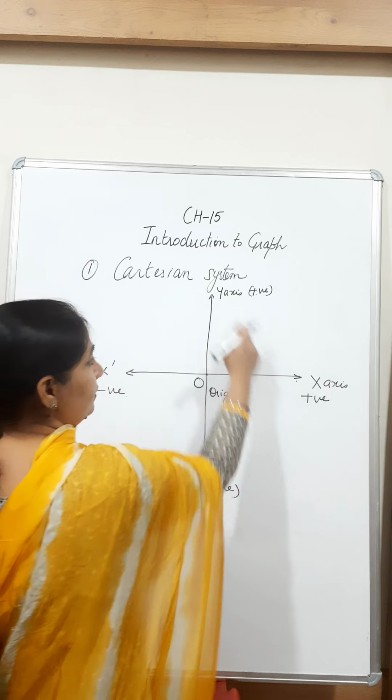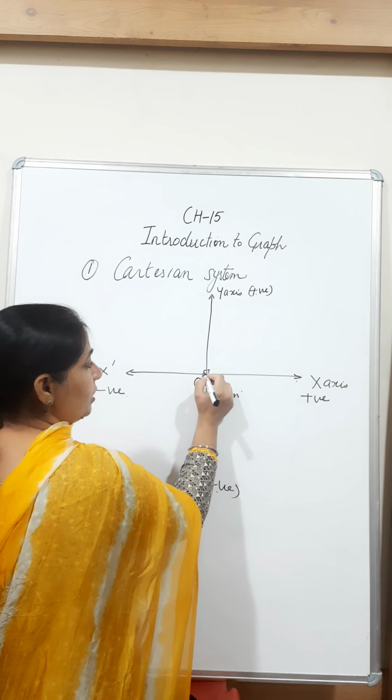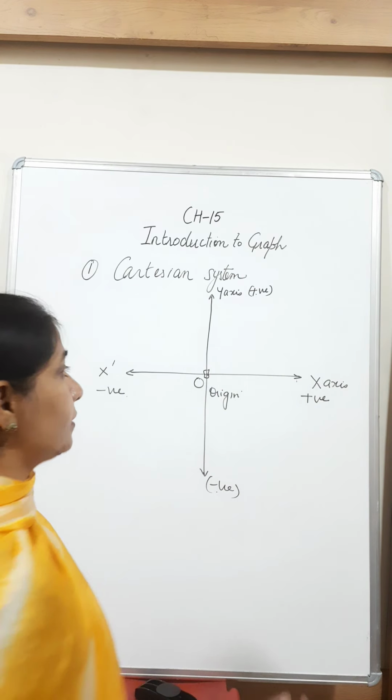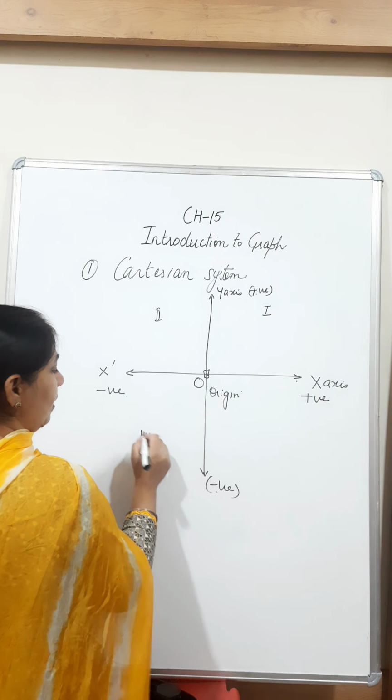Now, what happened? When you draw these two lines perpendicular to each other, this plane is divided into four parts: first part, second part, third part, and fourth part.